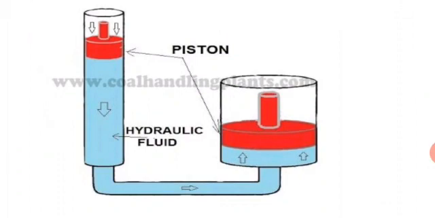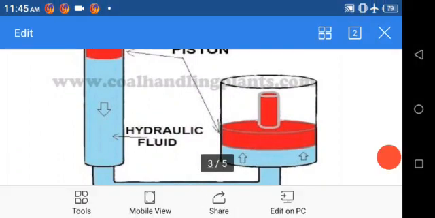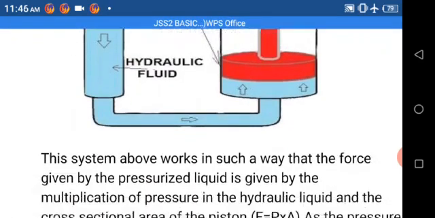When the force pushes down the piston, it causes pressure inside the liquid that connects the small piston and the large piston together. When the pressure gets to the large piston, because of the large area of the large piston, the large area multiplied by the same pressure coming from the small piston results in a large force, and that large force causes the lifting up of any load you put on the large piston, and that is how it works.